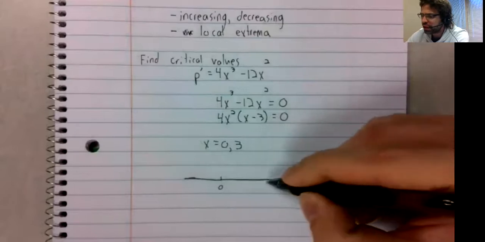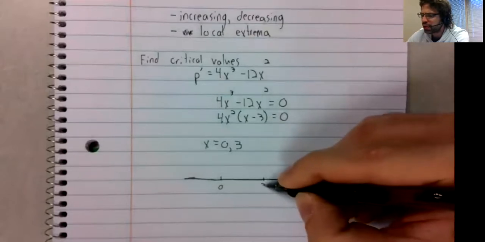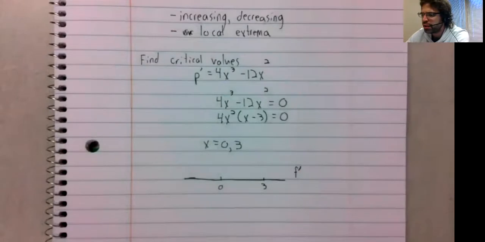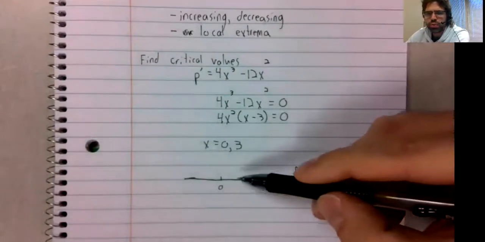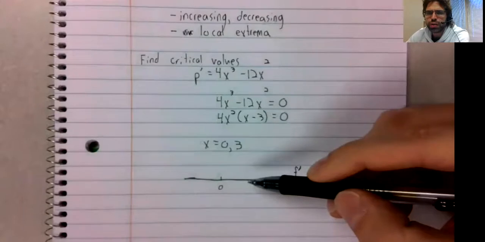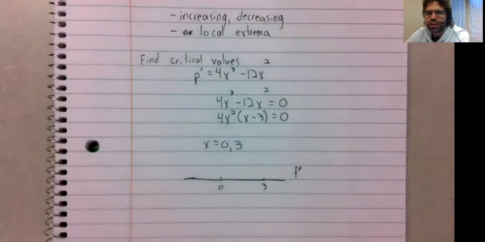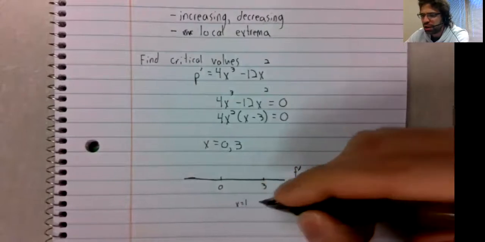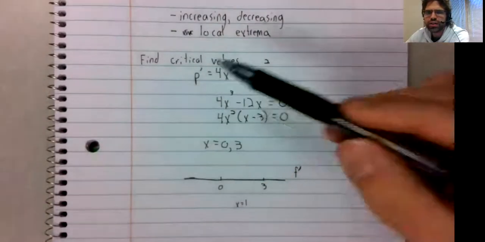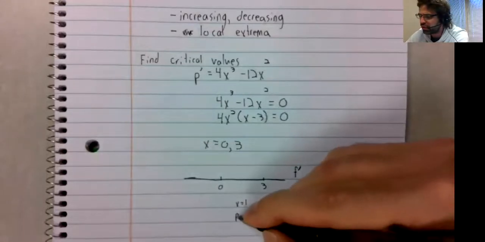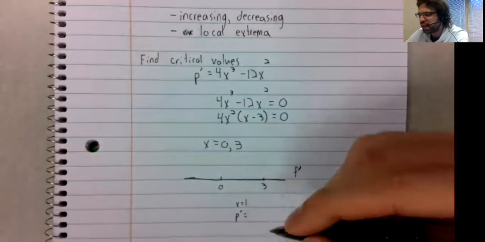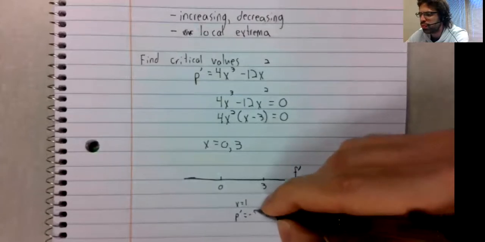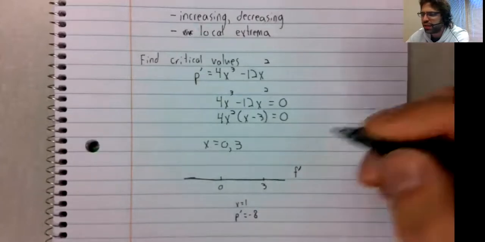So we mark down 0, we mark down 3. Select a point between 0 and 3. Any point will do, let's say 1. If we plug 1 into the derivative, we get 4 minus 12, or negative 8.